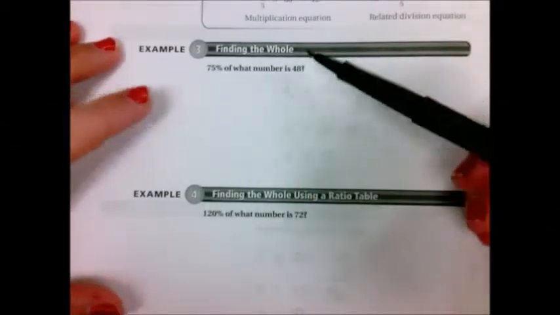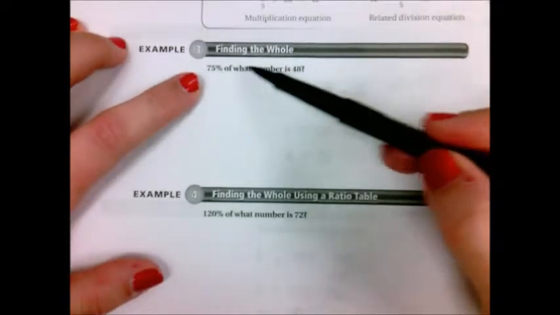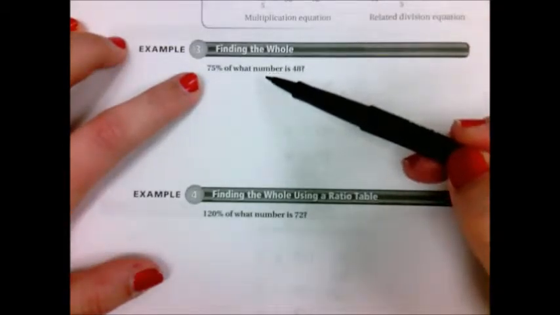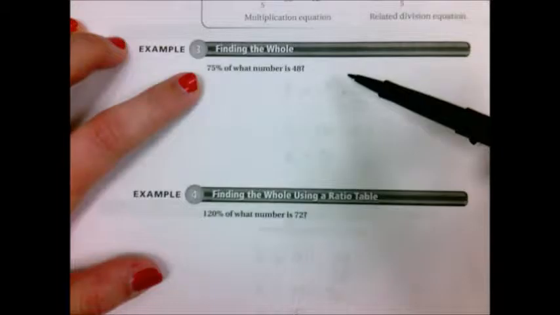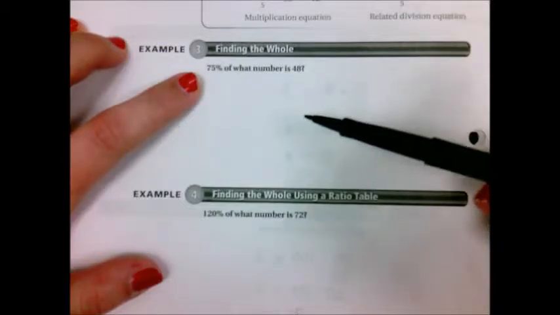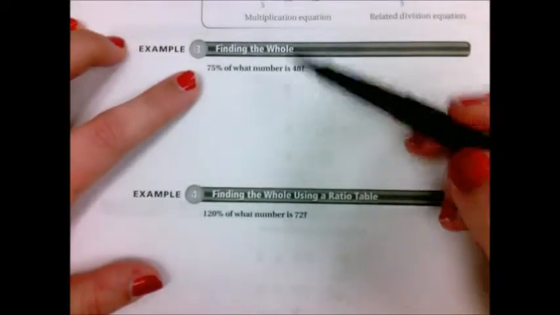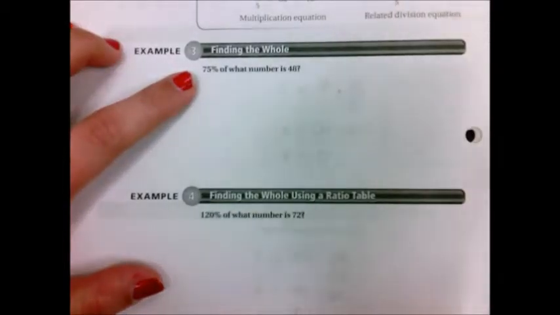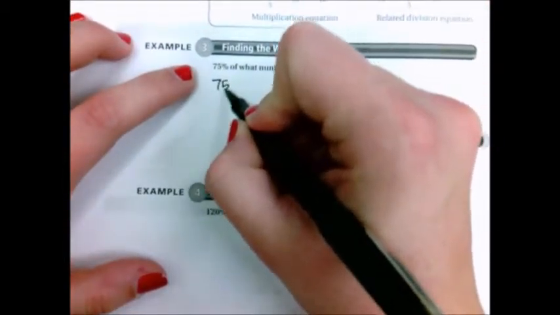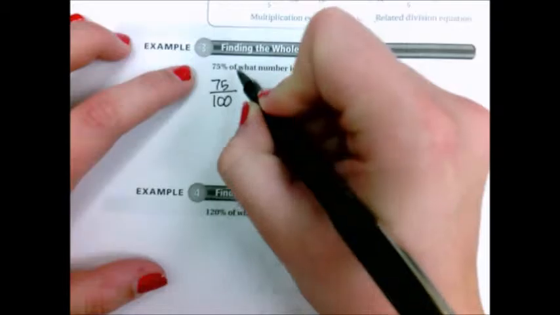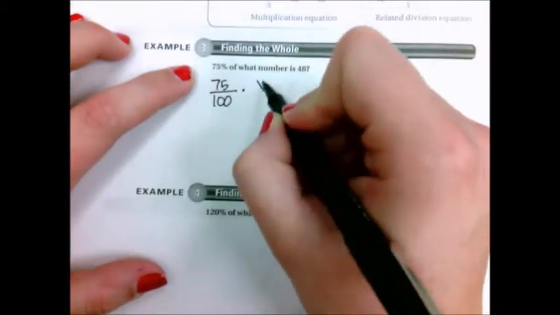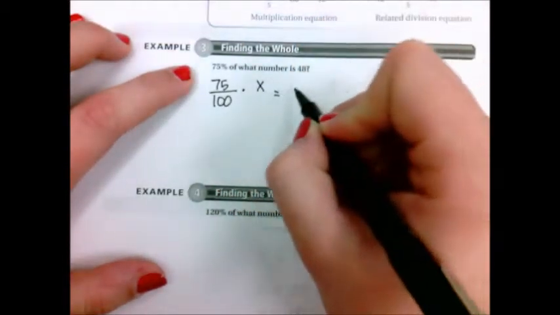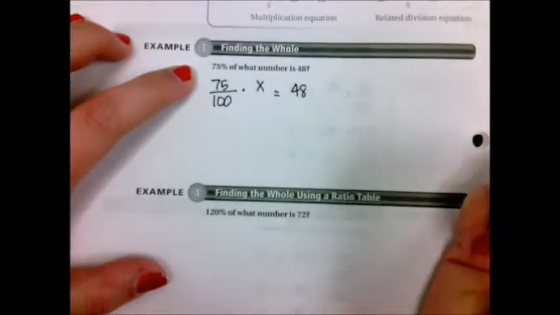It's reasonable and a good way for kids to make sure they haven't made a silly math mistake so far in their work. In example 3 and example 4, we see that the "what number" part of the sentence is not always going to come at the end, and this adds on one extra step for us in our algebra. So I'm going to start by translating in exactly the same way. 75% of what number is 48.